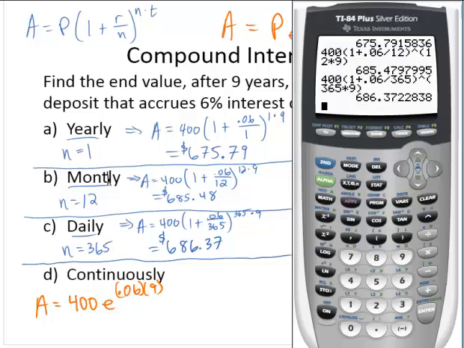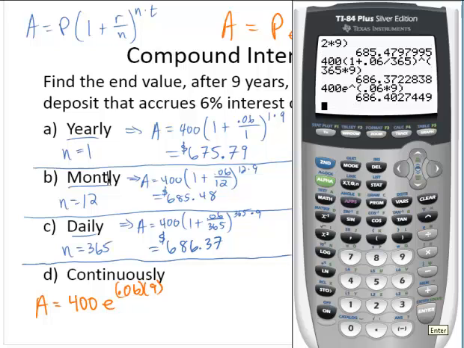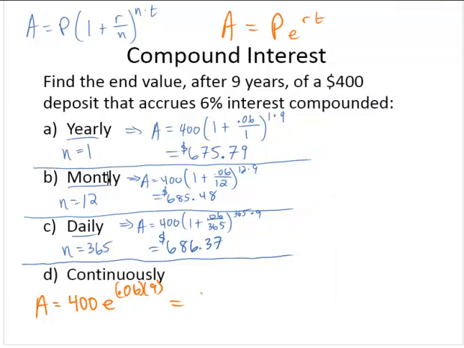The e to the x is the second function of the ln button on the left-hand side. So we'd have e to the 0.06 times 9. Notice how it already brought up that parenthesis for me. So let me close it off, and I'll hit enter. $686.40. Sorry about that.